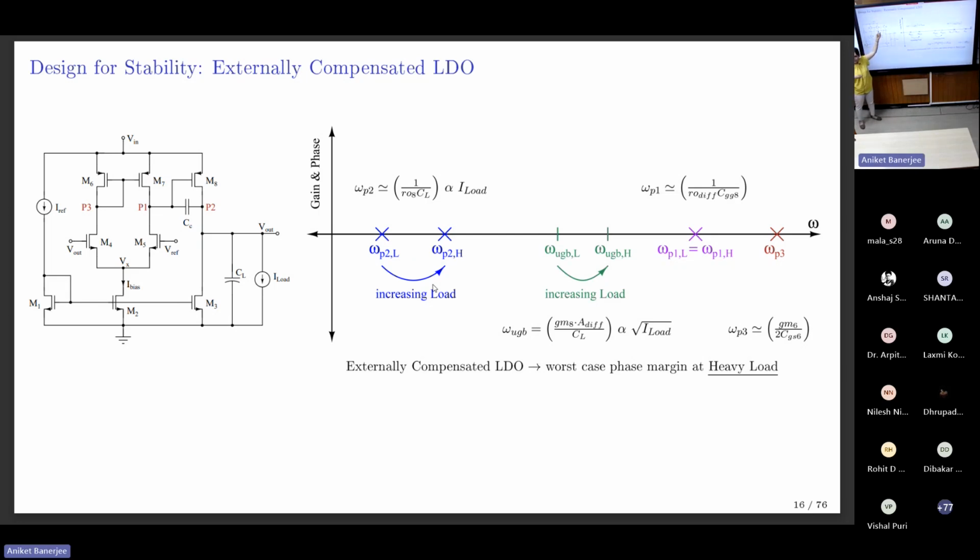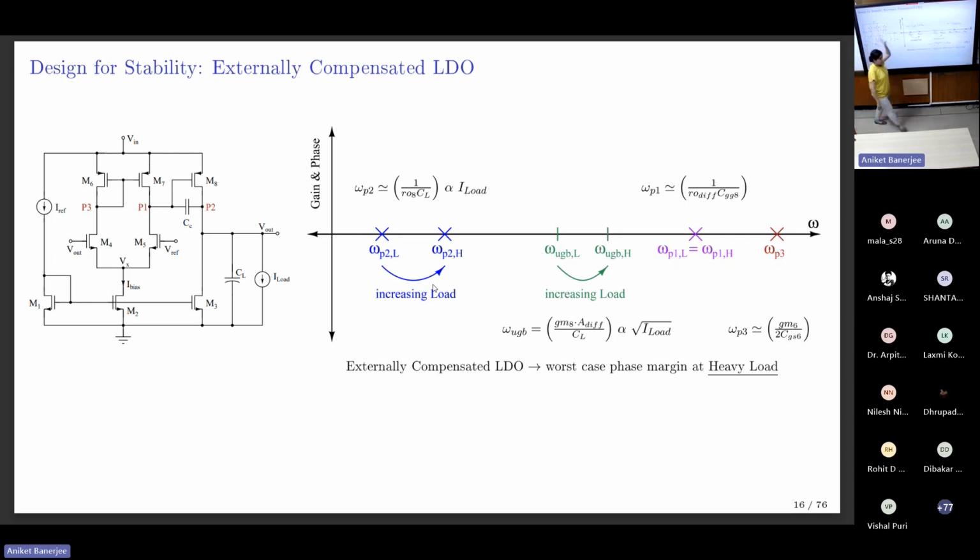Another pole is any node that takes time to charge. Another pole, the output of the diffamp. This will also take time to charge. Another pole, the mirror pole. The idea for this one is it's a 1/gm impedance, so you would think that this is a high frequency pole. Right?